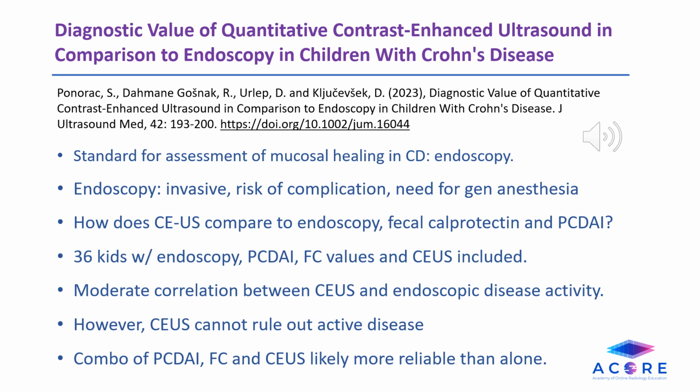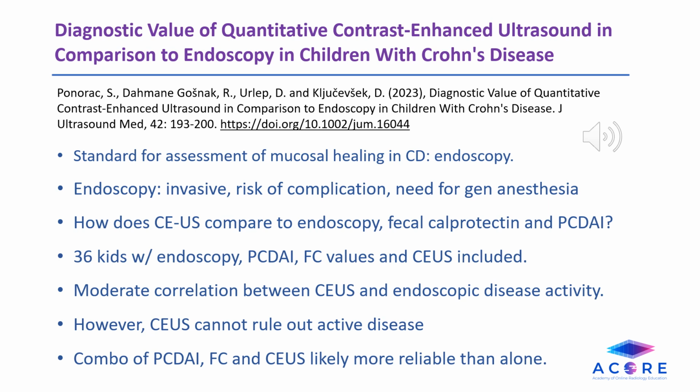After exclusion criteria, 36 children underwent endoscopy, PCDAI evaluation, and quantitative contrast-enhanced ultrasound. 32 of these children also had fecal calprotectin values obtained during the designated time interval. The authors found a moderate correlation between quantitative contrast-enhanced ultrasound and endoscopic disease activity, with a sensitivity of 78.6% and specificity of 100%.